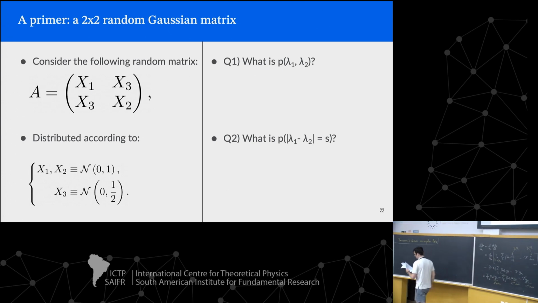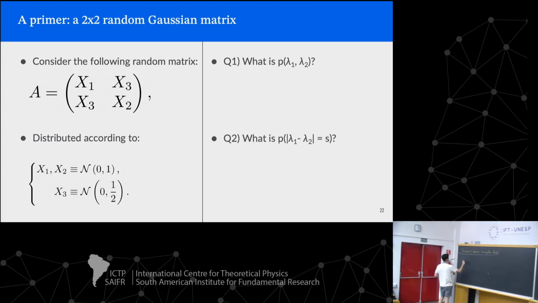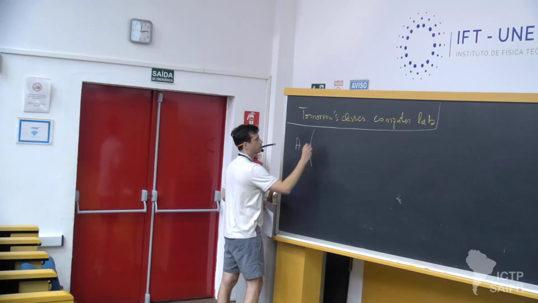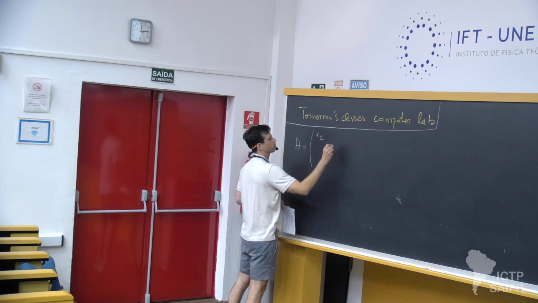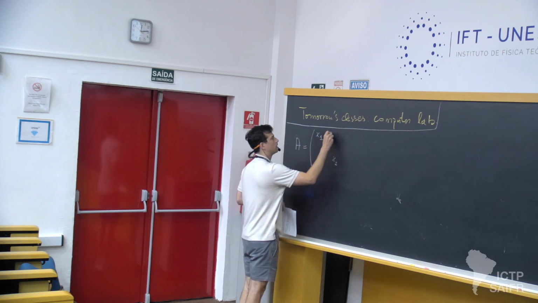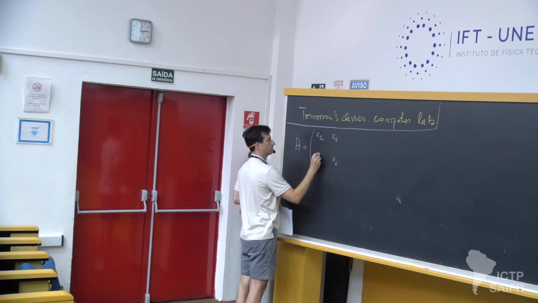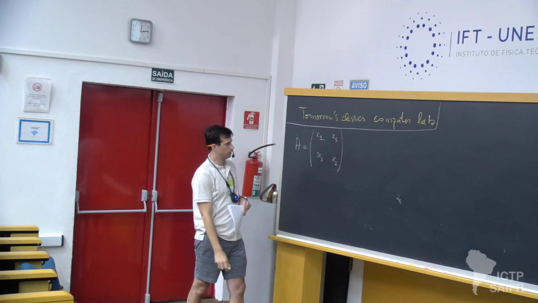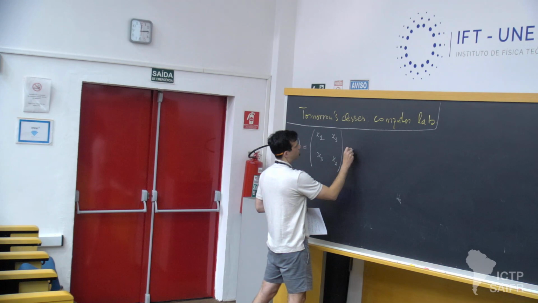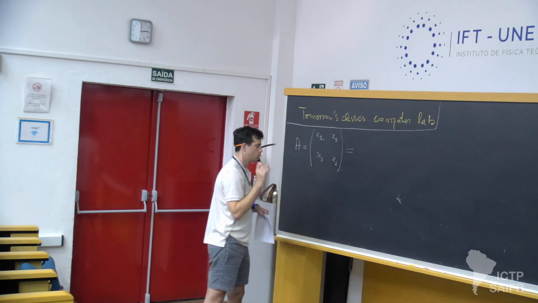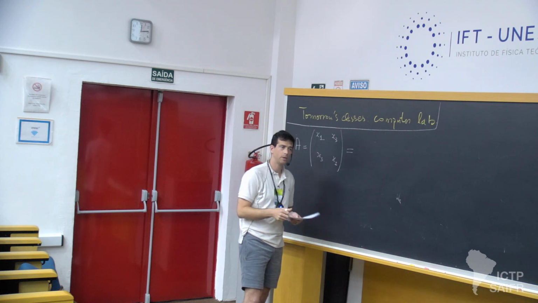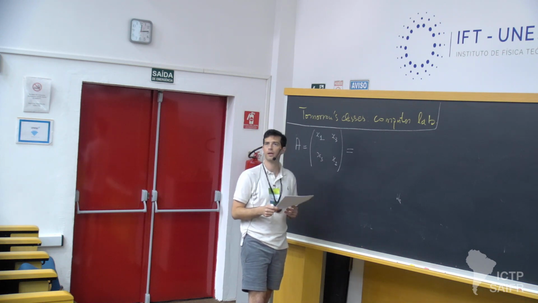All right. So let me start with this matrix A. It's equal to x1, x2, x3, like this. You may or may not know, but any symmetric real matrix can be diagonalized.